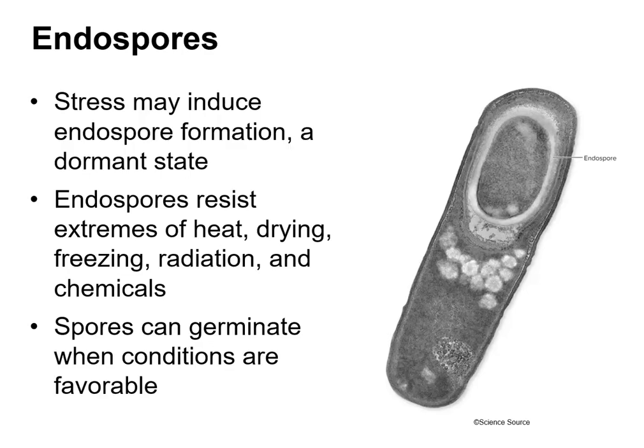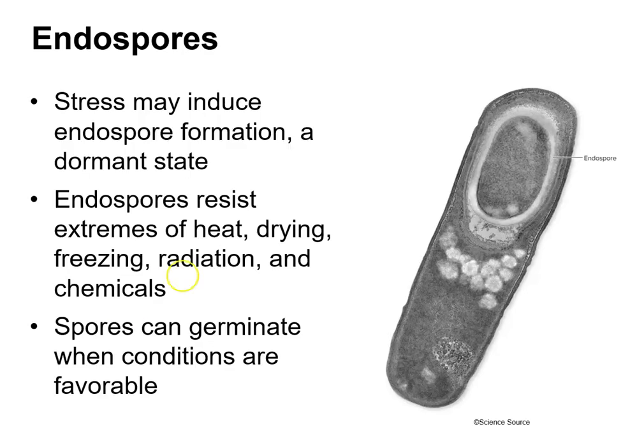Bacterial spores can resist a lot of environmental stresses, like if there's not enough nutrients, if it's too hot or too cold, or it's too dry, or even radiation or various chemicals, they can survive those conditions. There have even been reports that scientists have been able to grow bacteria from spores that were 250 million years old.